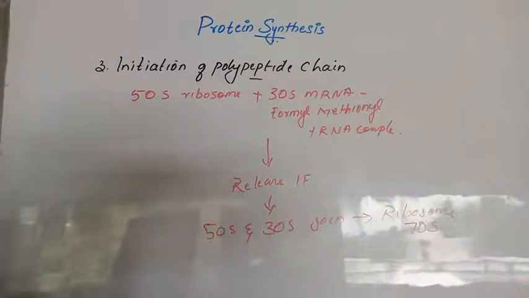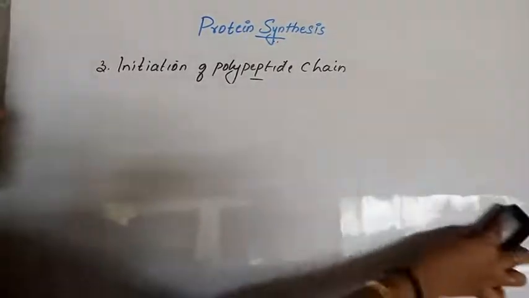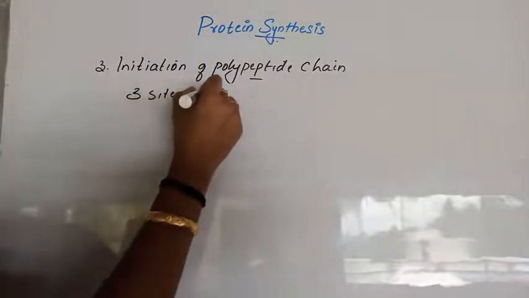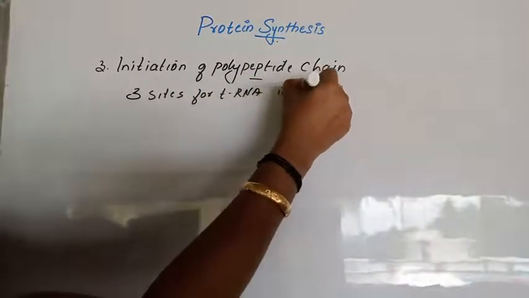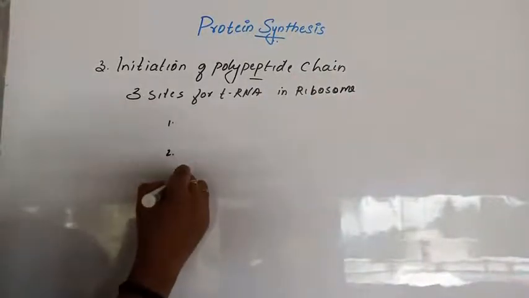Then, now we will discuss the major sites present for the tRNA. In the large subunit of ribosome, there are 3 sites for tRNA in the ribosome.